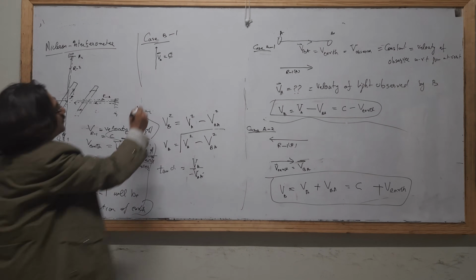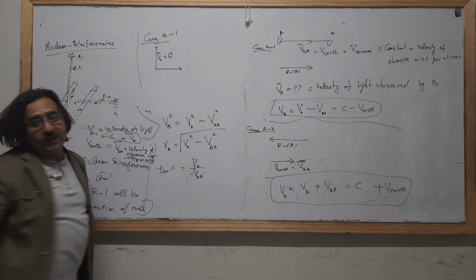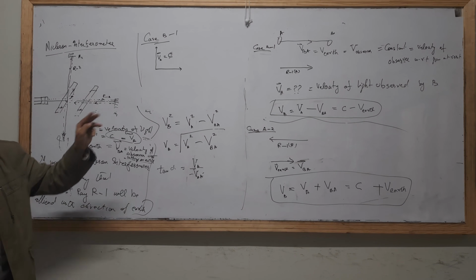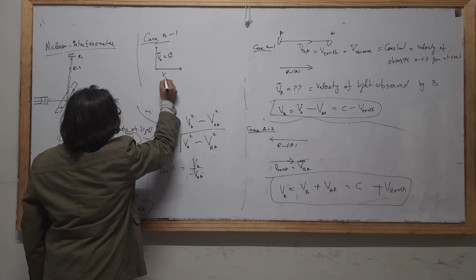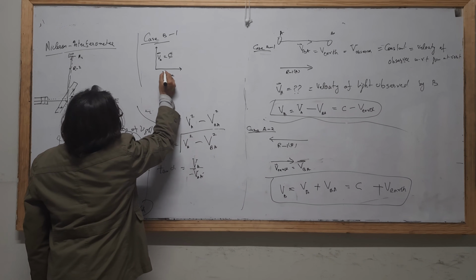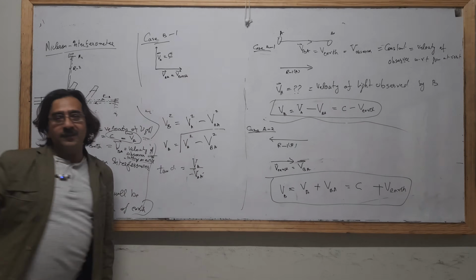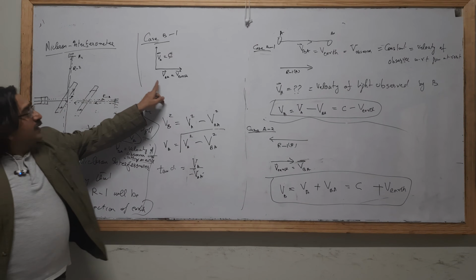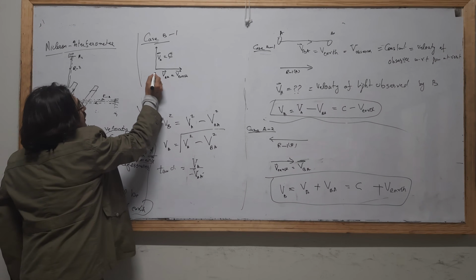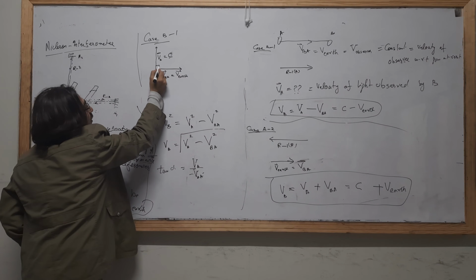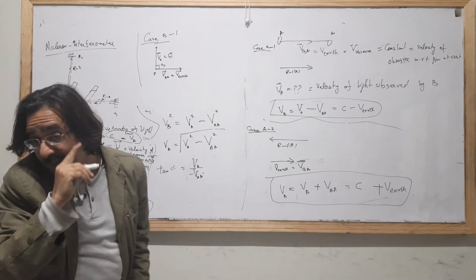Earth is moving, and the observer is moving along with it, so according to Earth, that is VBA, that is V Earth. This is perpendicular.